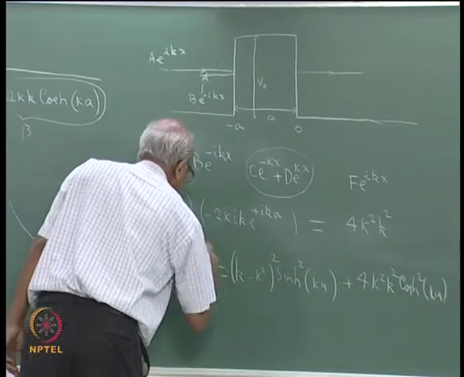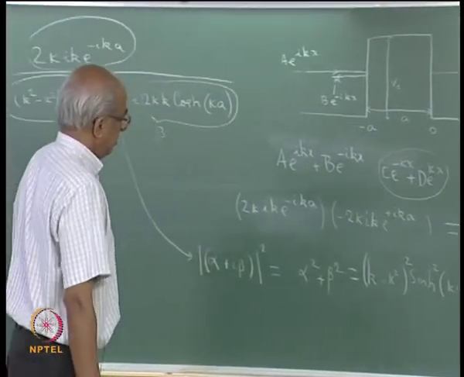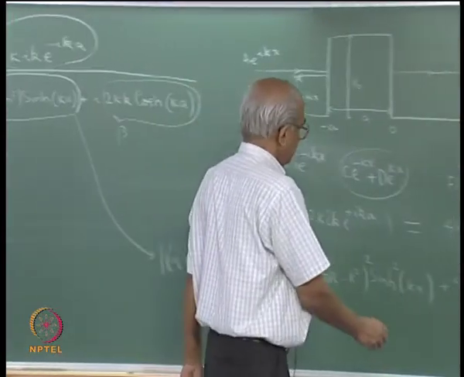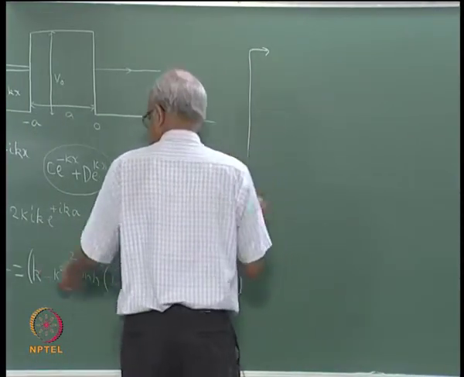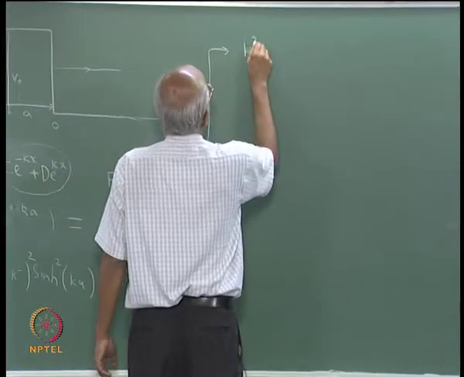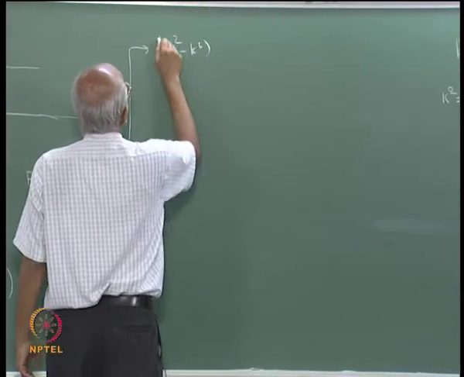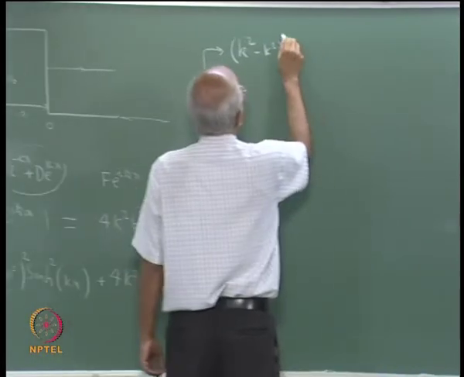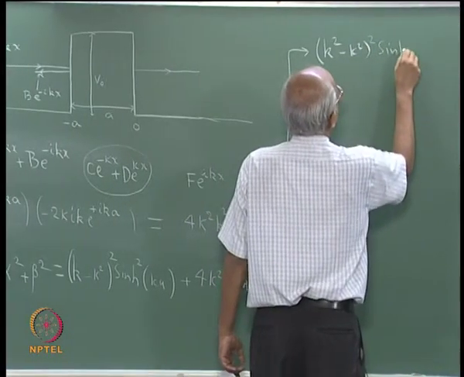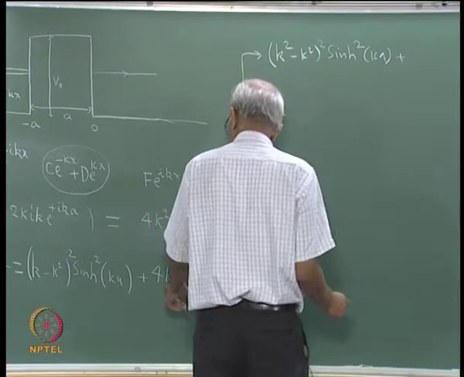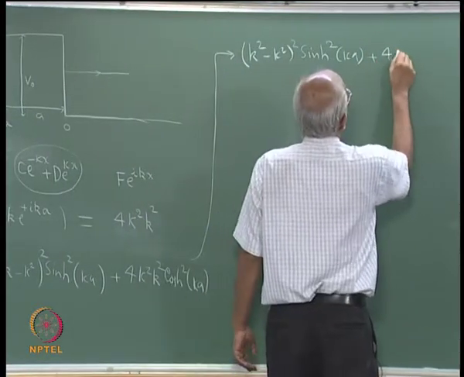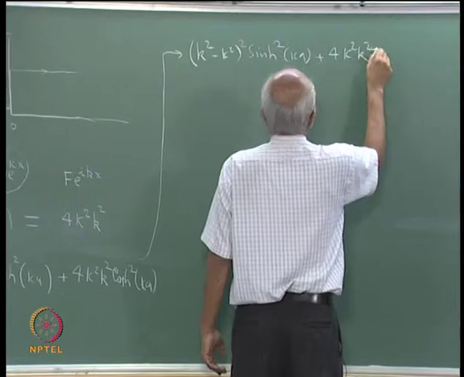And let me continue this up here: k square minus kappa square whole square sinh square kappa a plus 4 kappa square k square.